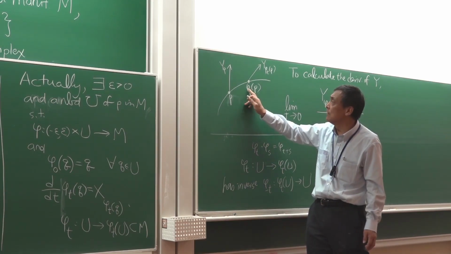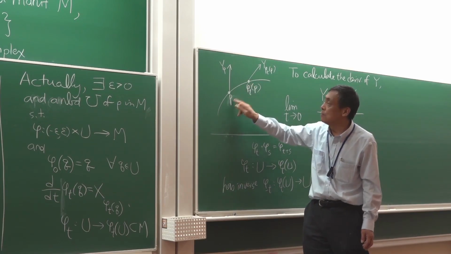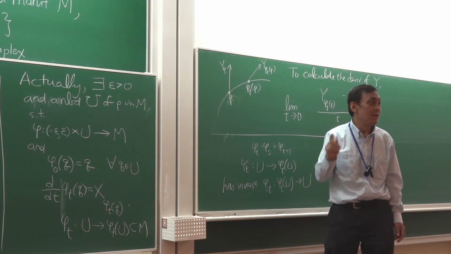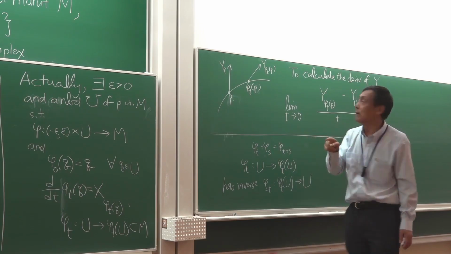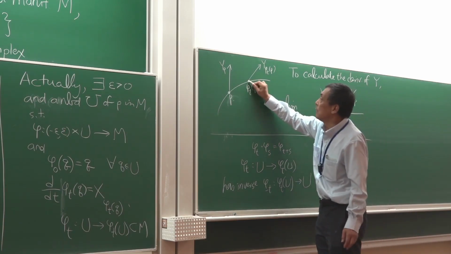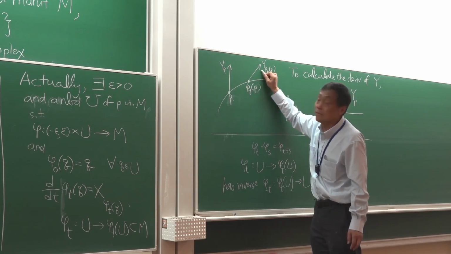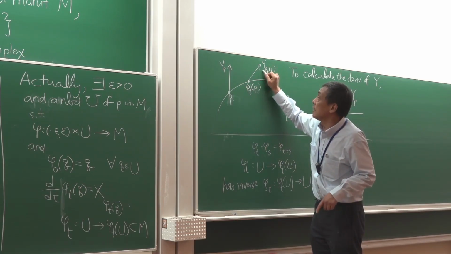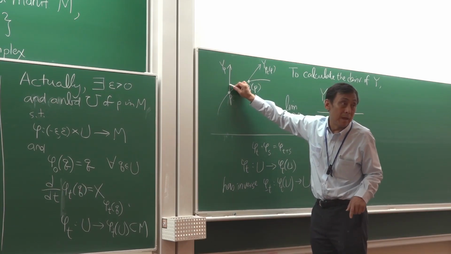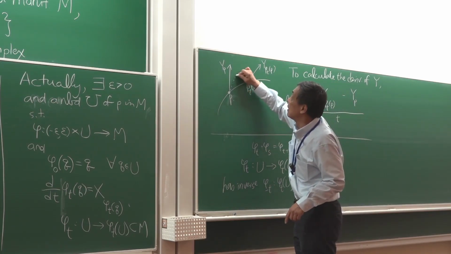What's a diffeomorphism that will take phi t of p back to P? Phi of minus t. Okay? So phi of minus t will take this point back there. Its differential will take this tangent vector back here.